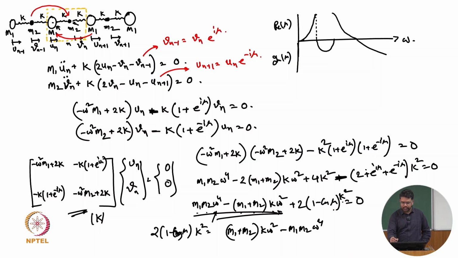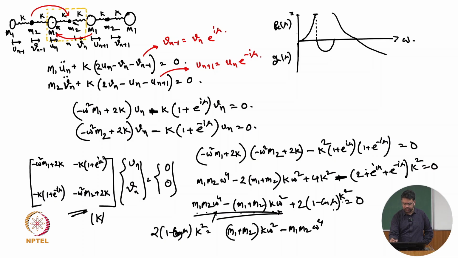Once we plot the dispersion diagram, you find that first the real part goes up to pi, and once it reaches pi, the imaginary part starts.